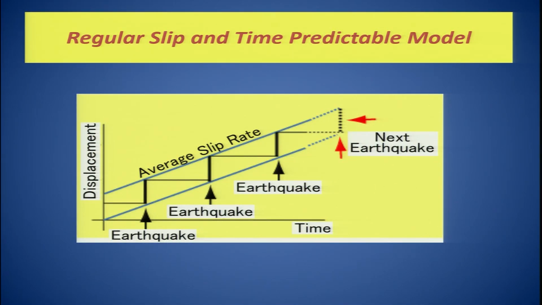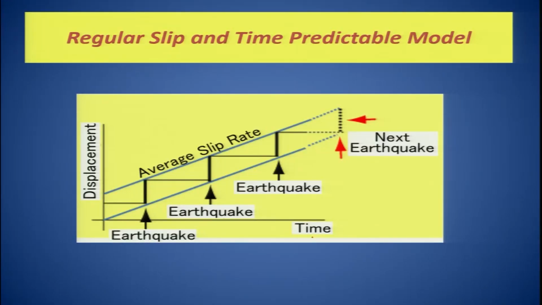If you take the regular slip and time predictable model, then, as we talked about in one of the lectures in the beginning, if a similar amount of strain is getting accumulated along a fault, then at a particular time, which is more or less similar between the two events, it will slip.